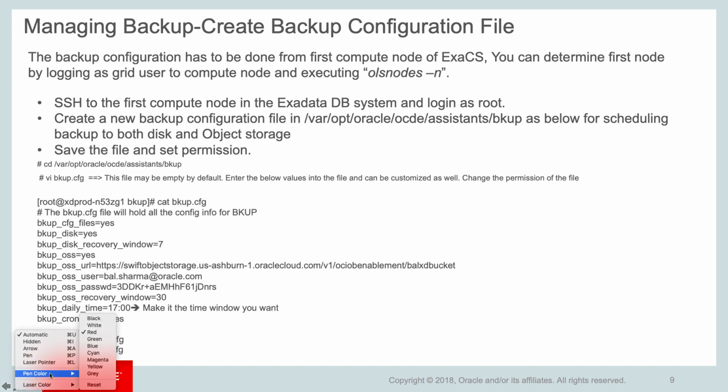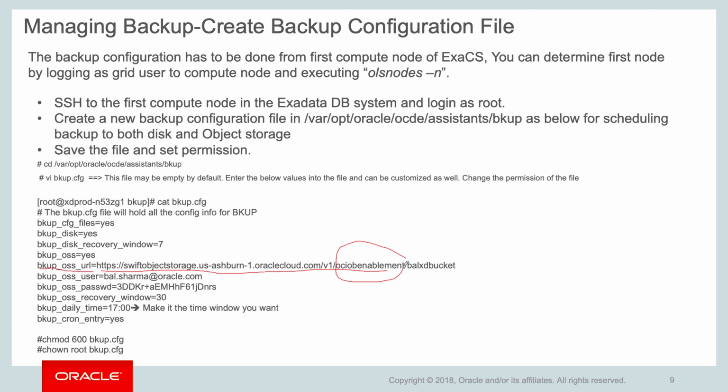Another thing to note here is that I have backup_oss_url, and this is the URL of my object storage. This OCI enablement is my tenancy, the identity domain, and balxd bucket is the bucket which I have created for holding the backup pieces.